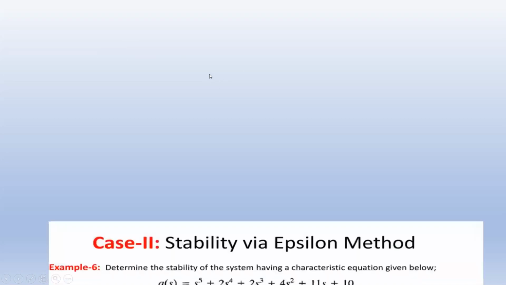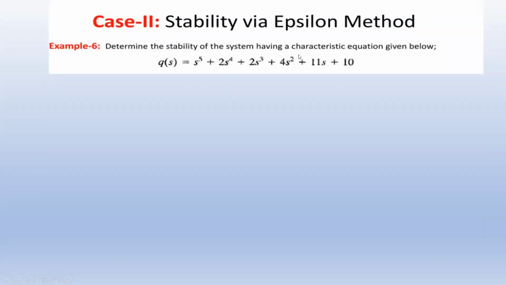In this tutorial we are going to learn another problem of Routh-Hurwitz criteria, in which we will have a special case in which we have a zero in the first row of the Routh array. This is case 2, which is called the epsilon method. So let us quickly solve this problem.